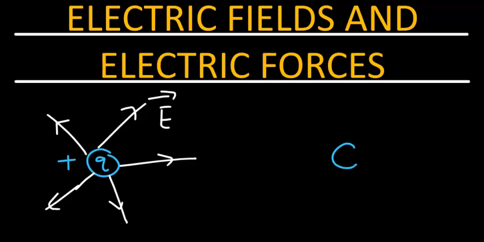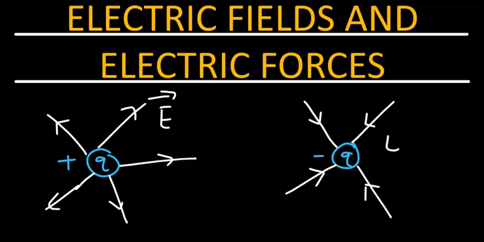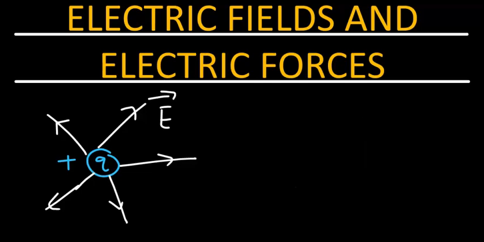Likewise, if you have a negative point charge, it also creates electric fields in a radial manner, but it would be radially inward, like that. So that is the main difference between electric fields created by a positive charge and electric fields created by a negative charge.